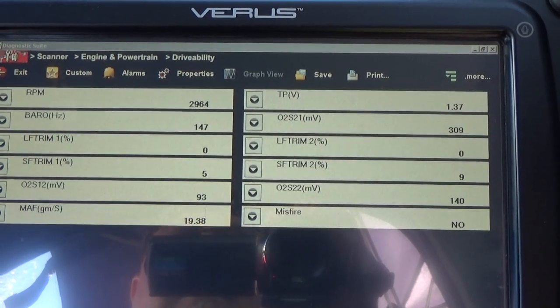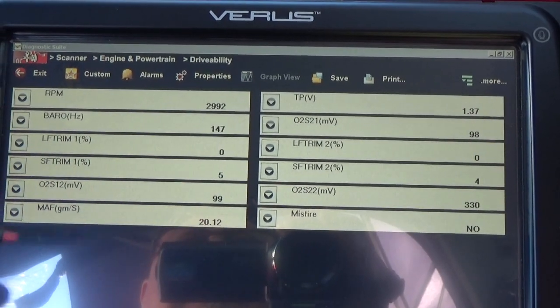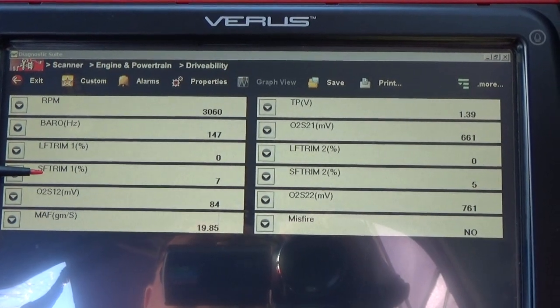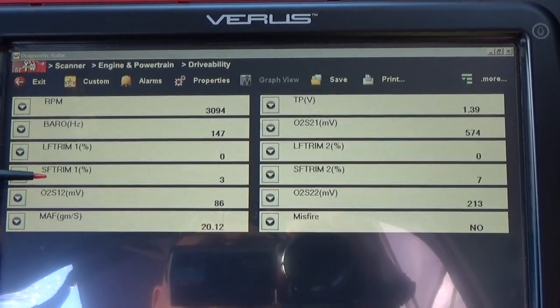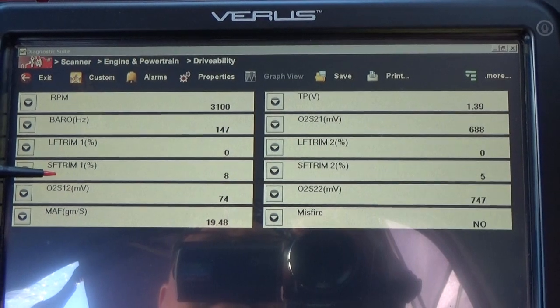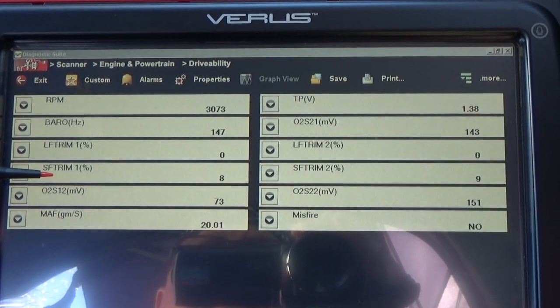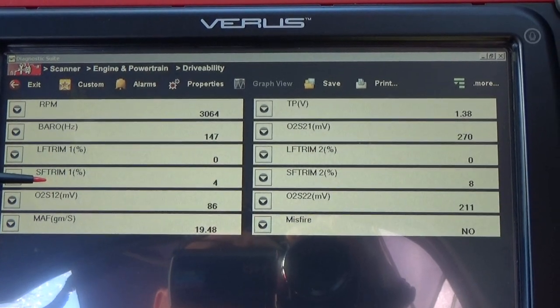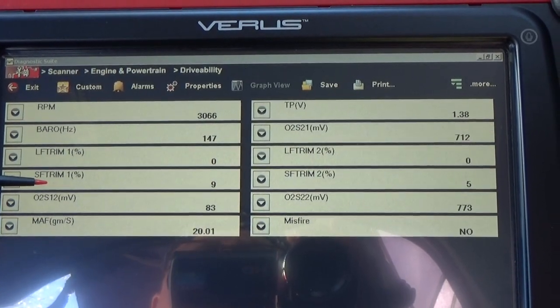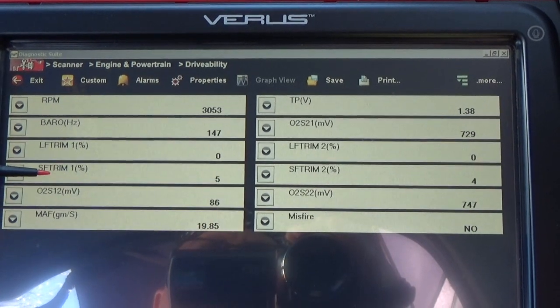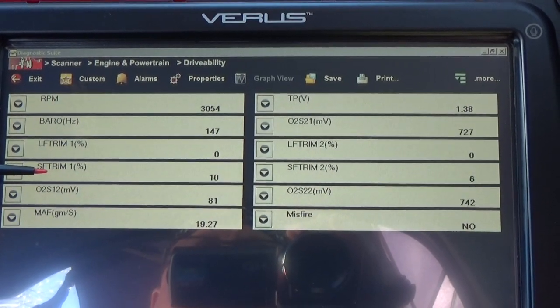What I'm looking at here is the short-term fuel trims. Now I am at 3000 RPMs, and the numbers get better. Okay? By the numbers getting better at 3000 RPMs, we have a vacuum leak somewhere in the engine.